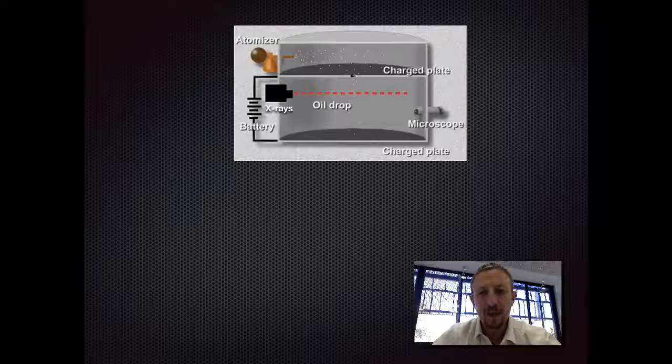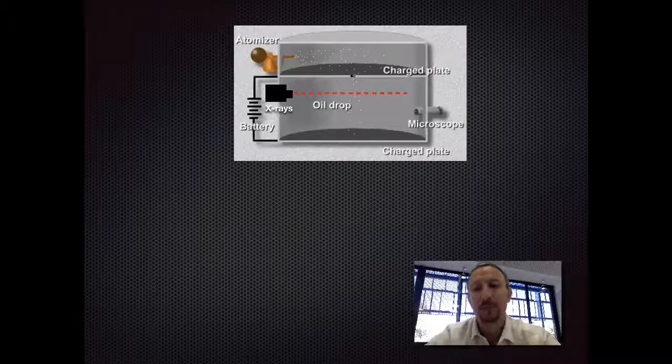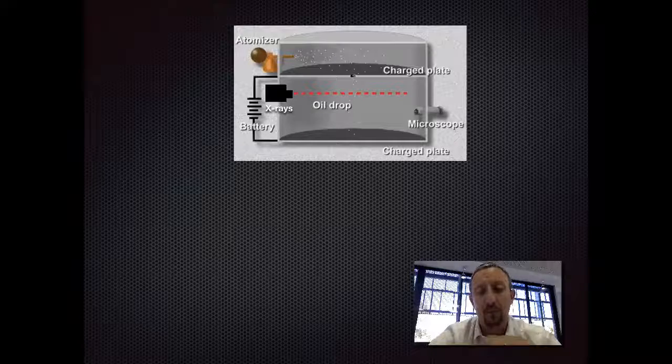However, if it was the other way around, they would drop to the bottom. By applying the positive charge to the top plate, Millikan was able to move the oil drop upwards.